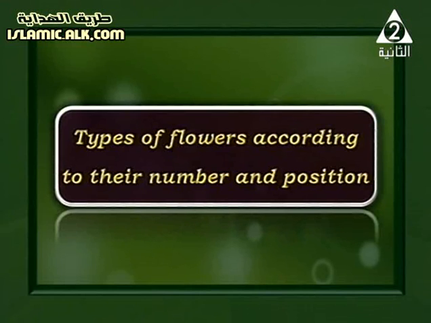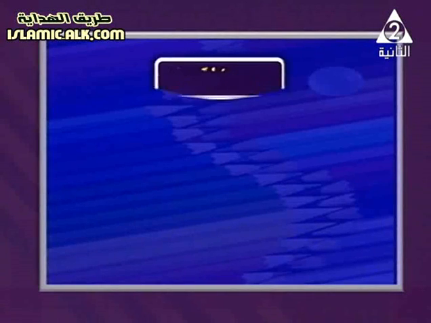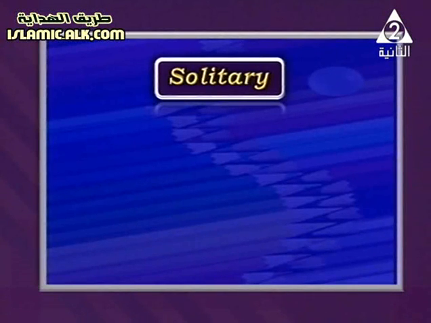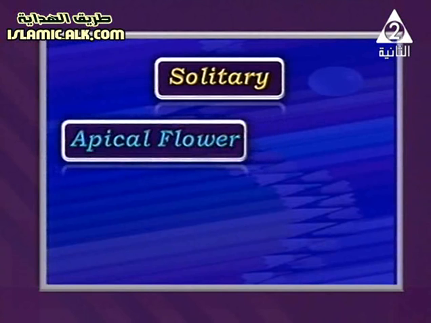Types of flowers according to their number and position. It's just extra information for you, to be clearer about the types of flowers. Number one, solitary. It means just one flower. It's found at the top of the plant, an apical flower.